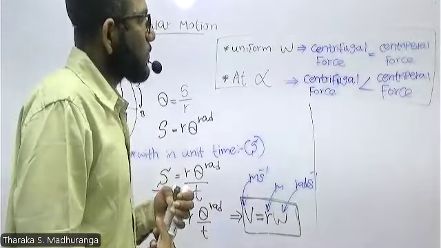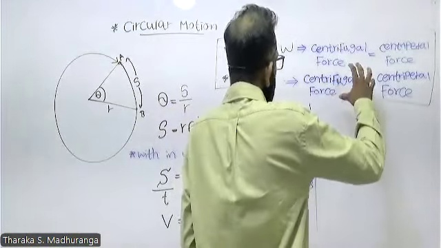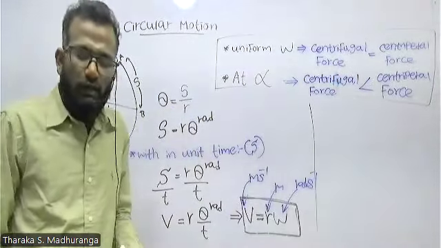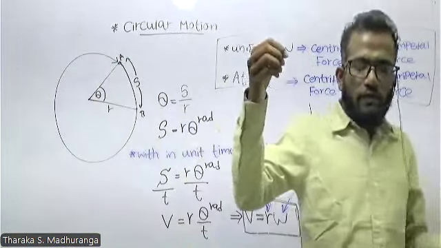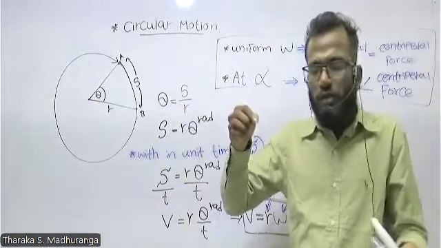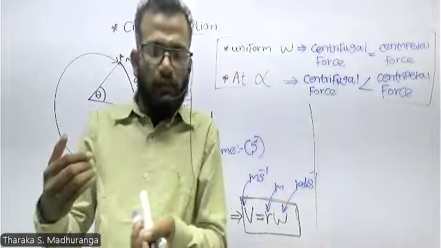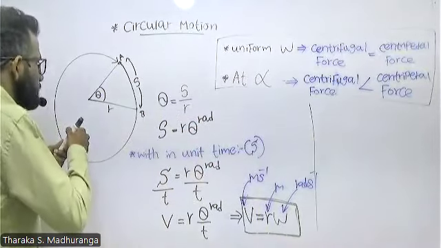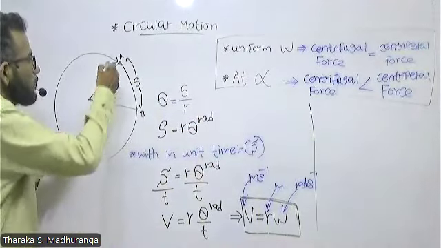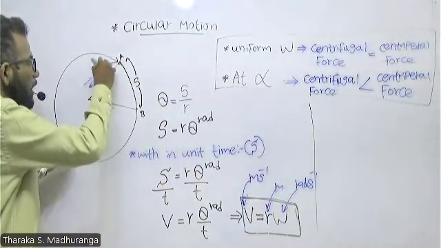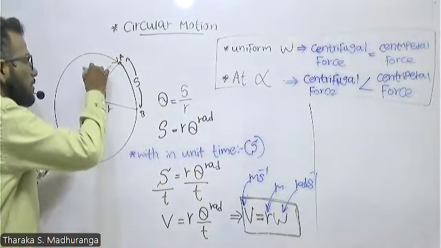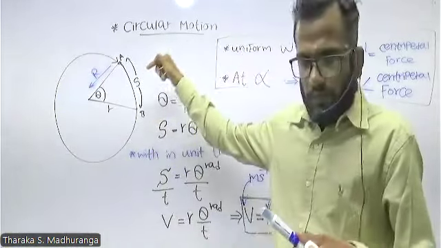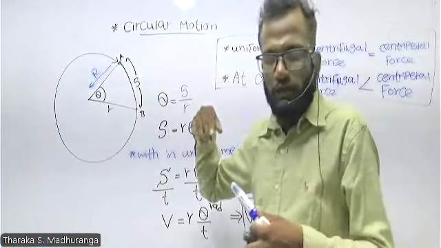When the angular acceleration or speed of the object rotating increases, what happened? The centripetal force is higher than the centrifugal force. That means the force towards the center, towards the rotational axis, is increasing. Therefore, an unbalanced force acts towards the center.